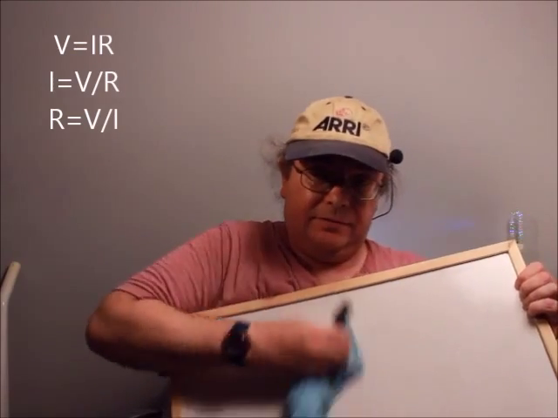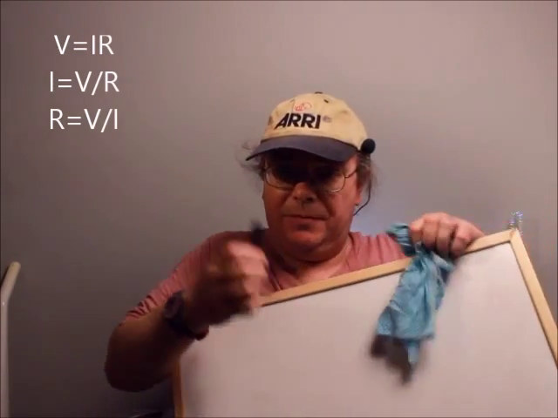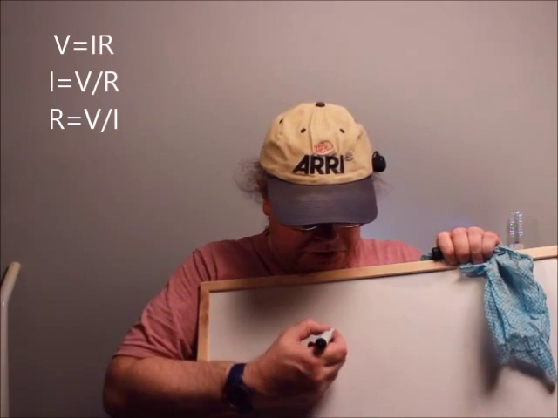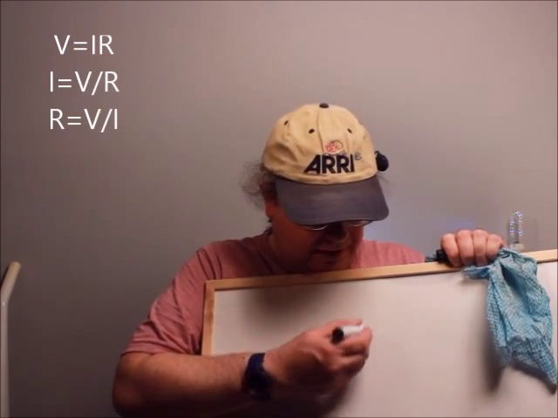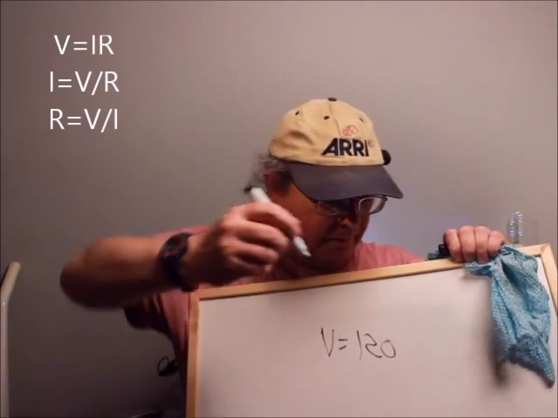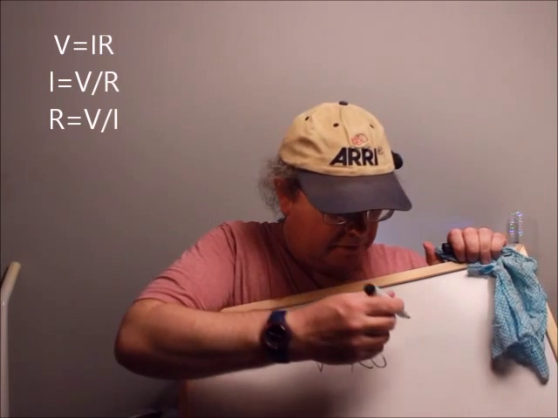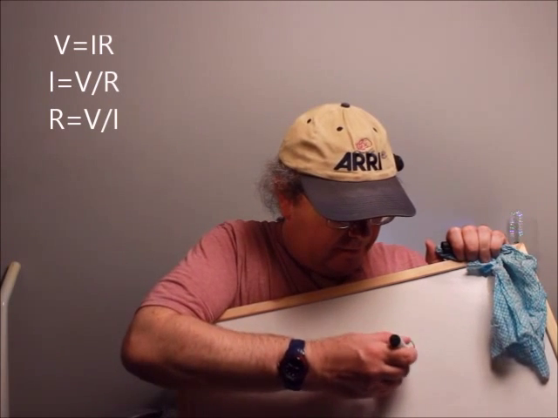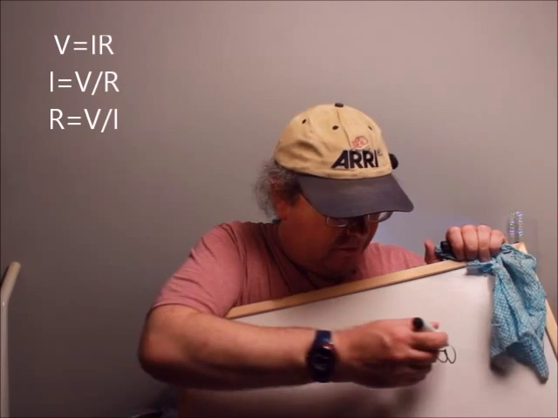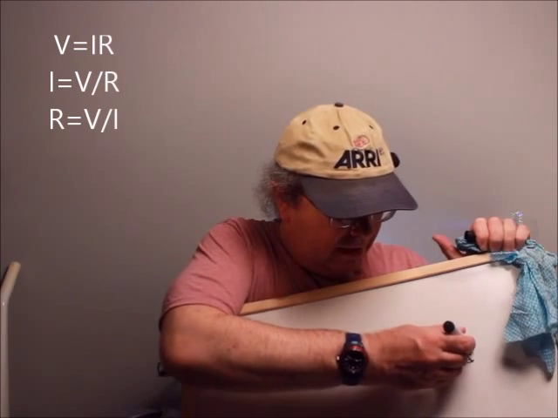Quite often, and we'll do an example, we know the voltage. V equals 120 because I wanted it to. And R equals 100. That's 120 volts. That's 120 ohms.